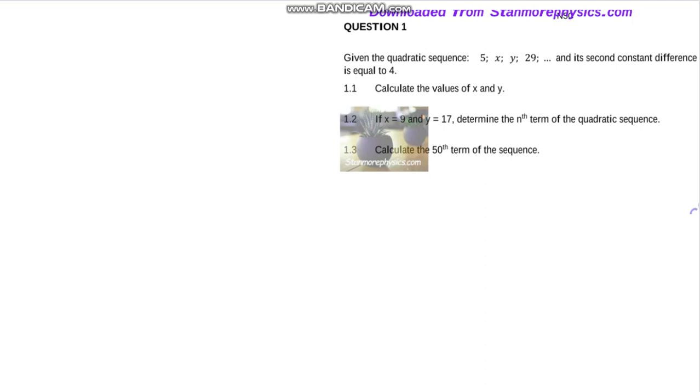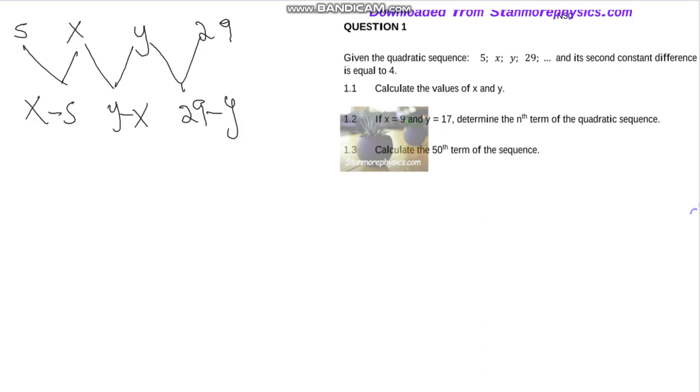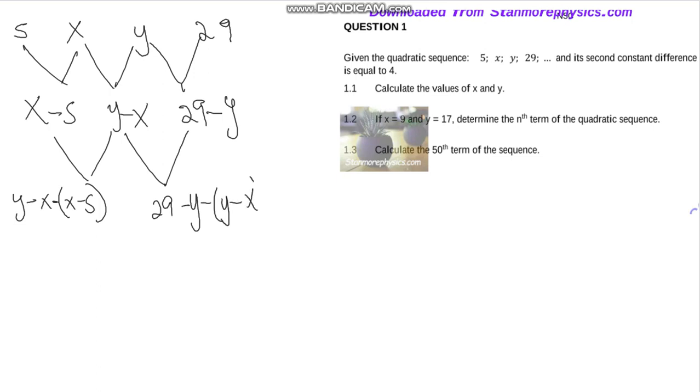Okay, let me show you. Now get the first difference. After this, you'll get your second difference, and you'll get it this way. It means here you'll have y minus x, x minus 5, and then you'll have 29 minus y, y minus x.